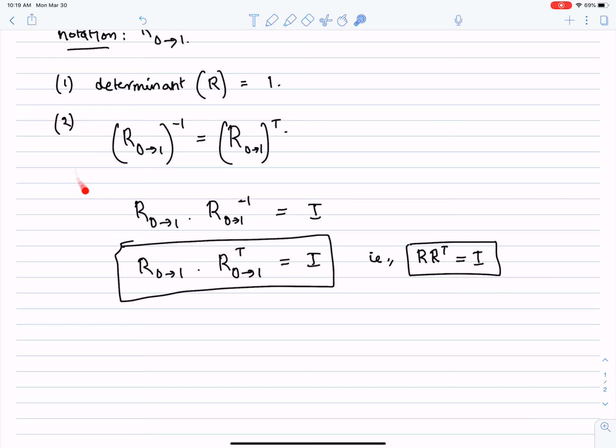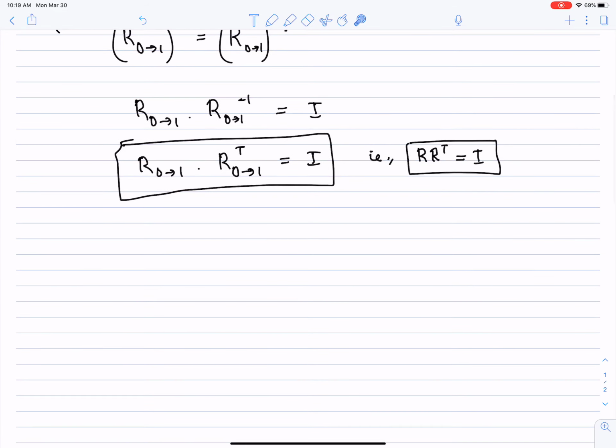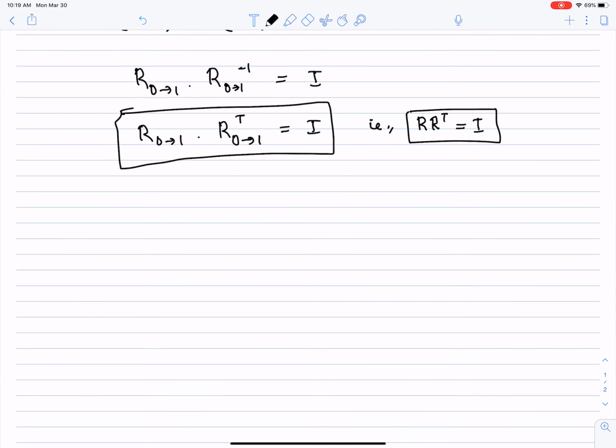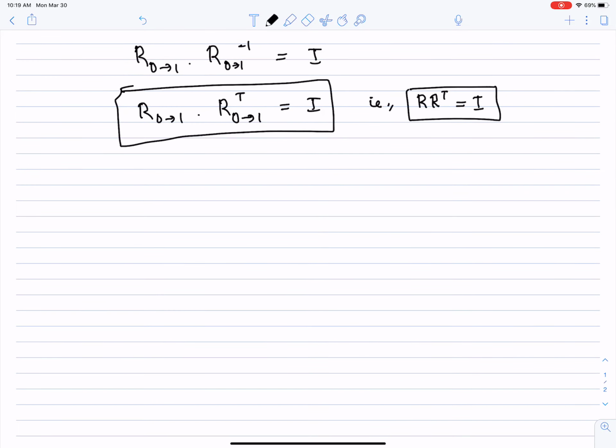These two things, of course, mean that these matrices are what are called proper orthogonal matrices. They are the same as rotation matrices in 3D.